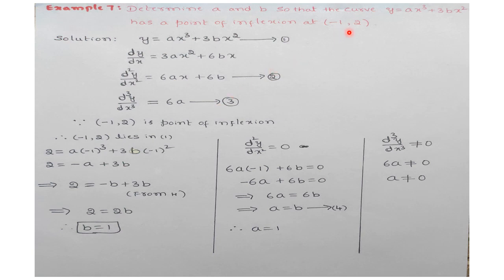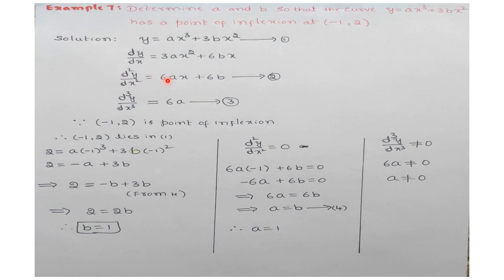Here (-1, 2) is the point of inflection. Point of inflection at this point means, you know that at this point d²y/dx² is equal to 0, isn't it? Therefore, at x = -1 and y = 2, this one is 0.